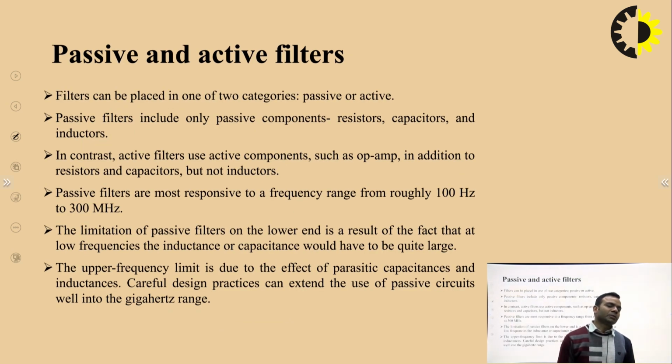Now, active and passive filters. The filters which use passive components only, like RLC components only, come under passive filters, while active filters are those which are designed with the help of passive components as well as active components, like RLC and operational amplifier, or BJT, meaning there must be at least one active component for the design of active filters.